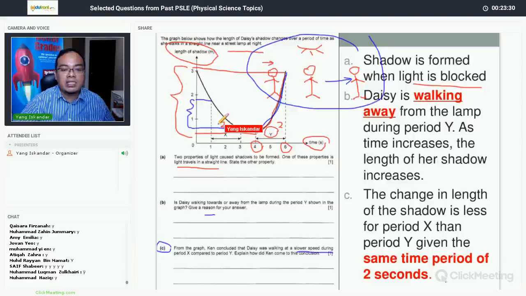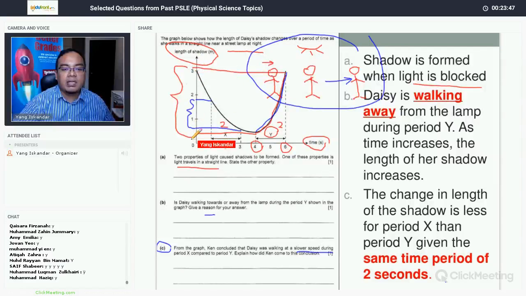So for 2 seconds, in part X, the change in the length of the shadow is only this part here. But in part Y, the change in the length of the shadow is greater. You can see from here to here, right?